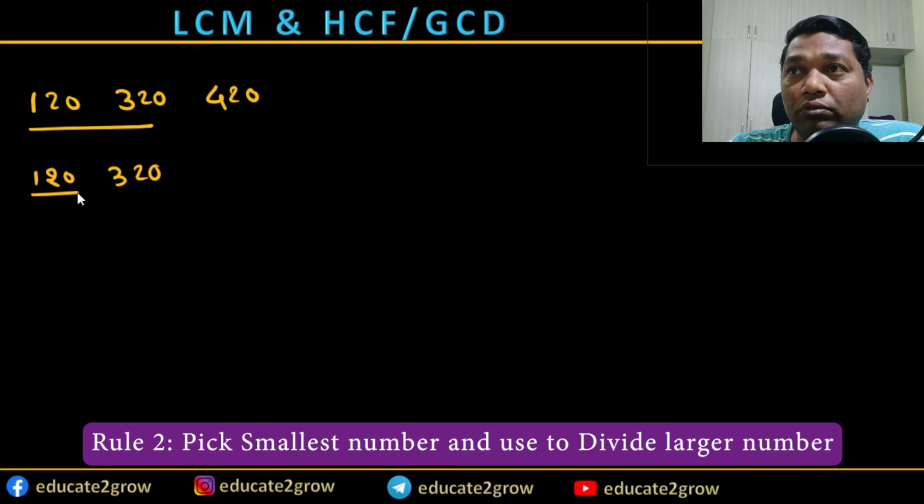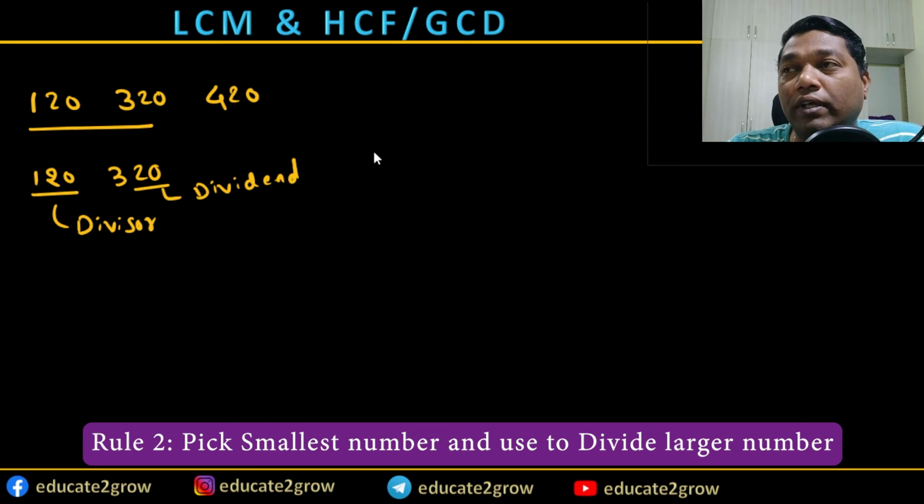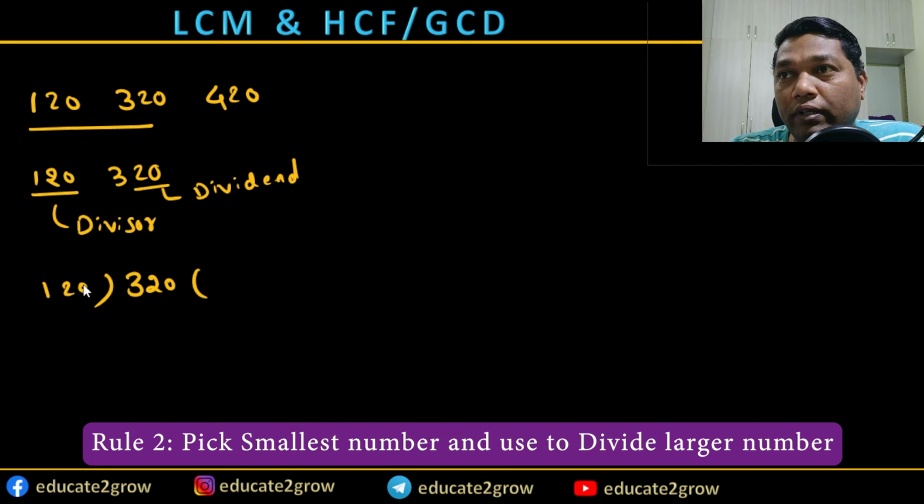The least number is 120. So this becomes the divisor and this becomes the dividend, so 320 will be here and 120 here.